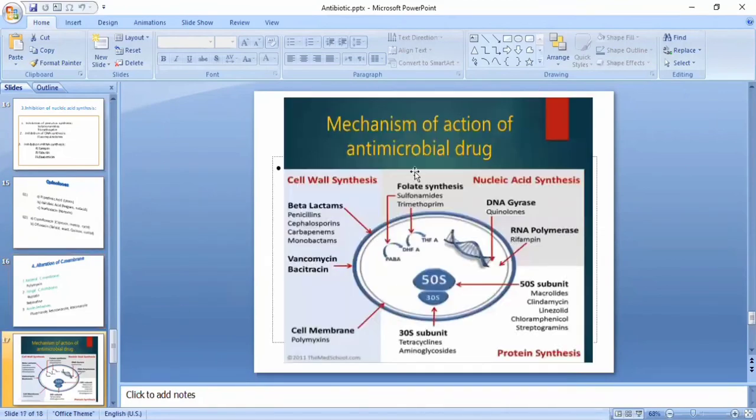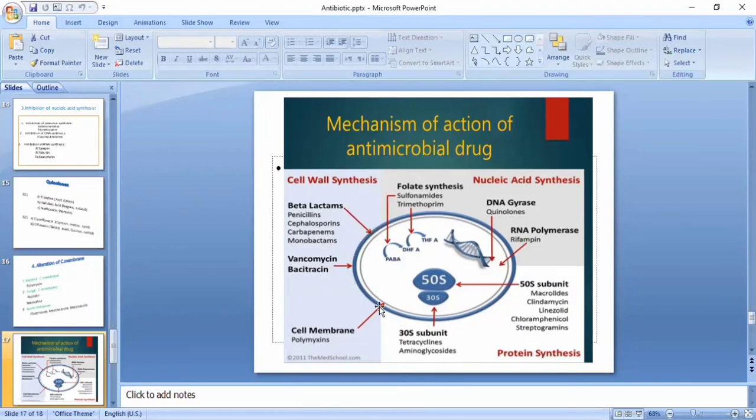So this is the summary of those drugs which I have described. One way of action of the antibiotics is the inhibition of cell wall synthesis, the cell wall of the bacteria. Those drugs which act on the cell wall are the penicillins, cephalosporins, carbapenems, and monobactams.